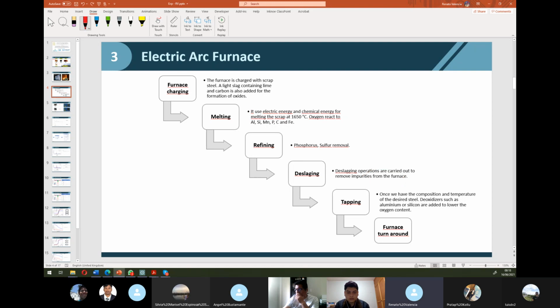In tapping, once we have the composition and temperature of the desired steel, deoxidizers such as aluminum or silicon are added to lower the oxygen content. Then the molten steel is transferred to the ladle furnace, and the process is carried out again.